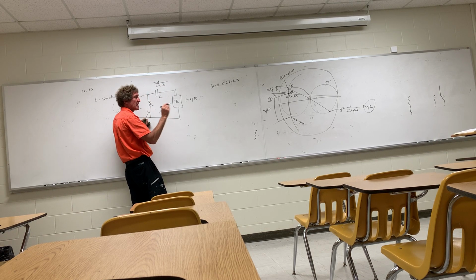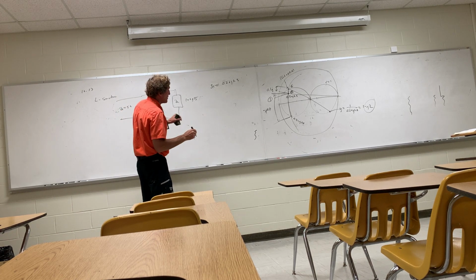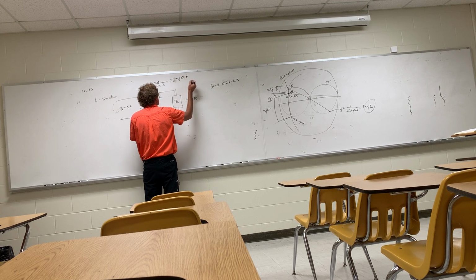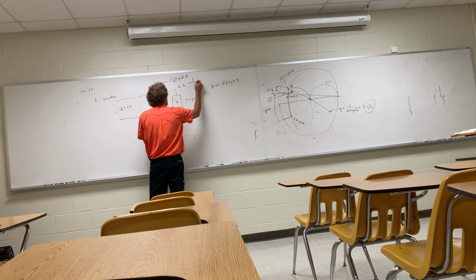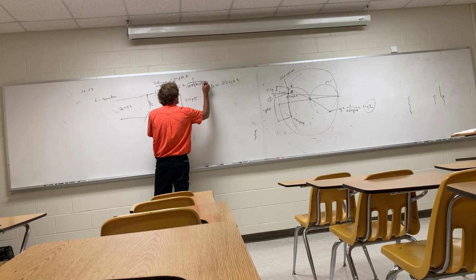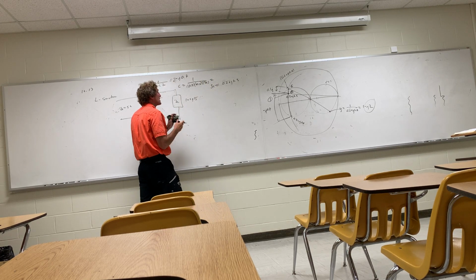Everybody follow? That has to be equal to minus j0.7, or we can say the value of the capacitor would be equal to 1 over 0.7 times 2 pi times 10 to the 9th times Z naught of 50. And what's that value going to be?